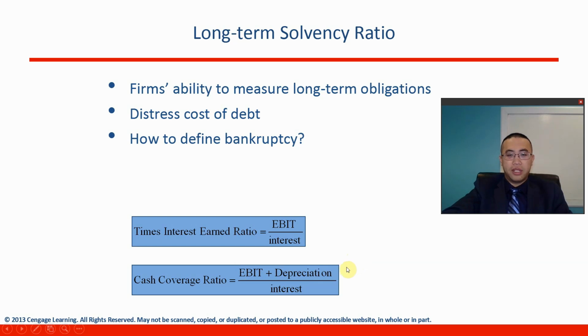So EBIT plus depreciation will be sales minus all cash costs, and this will be a cash term on the top numerator. When you have a cash term divided by interest, you have a cash coverage ratio. It tells you how many times your cash profit can cover your interest, and of course you want this ratio to be a high number.